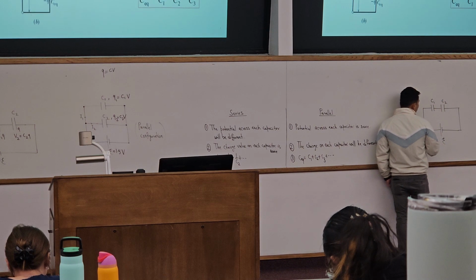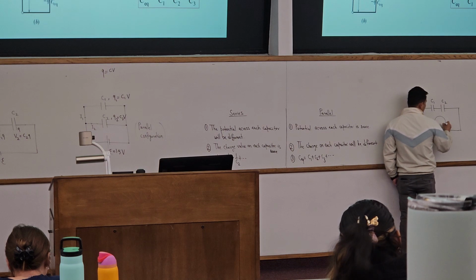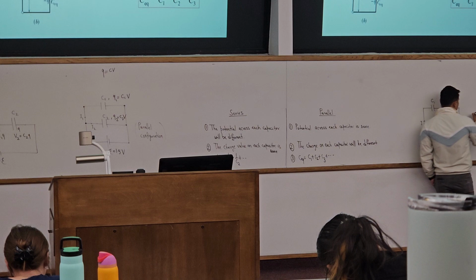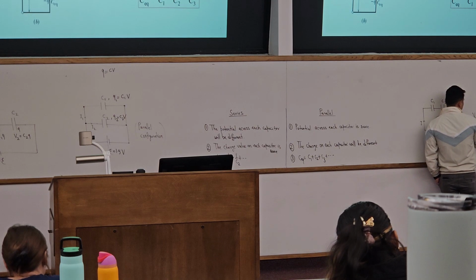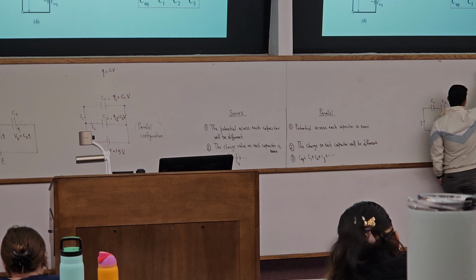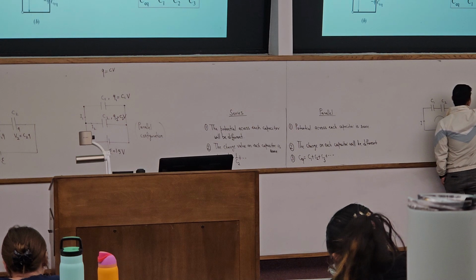The current passes through to the circuit, but there's a potential drop across this one. The potential drop across this one is V. Q equals C times V.